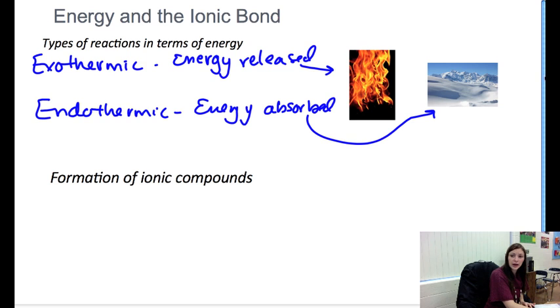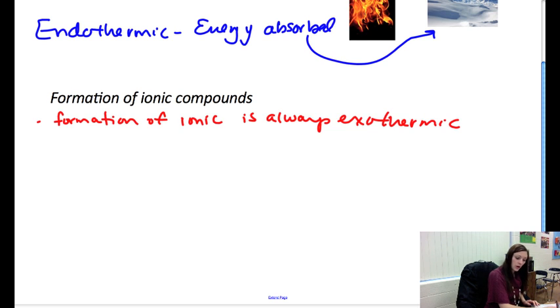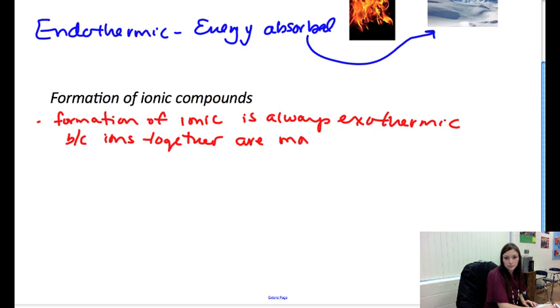Because when you form an ionic compound, that is always an exothermic reaction. It works this way because the ions together are more stable than when they are apart, and by more stable, I mean a lower energy.